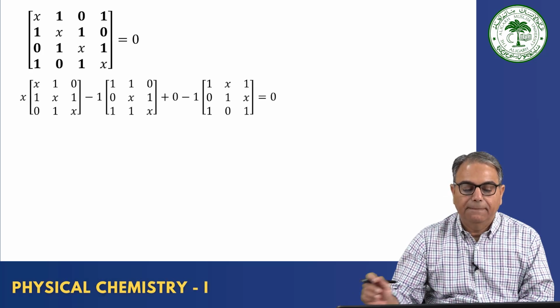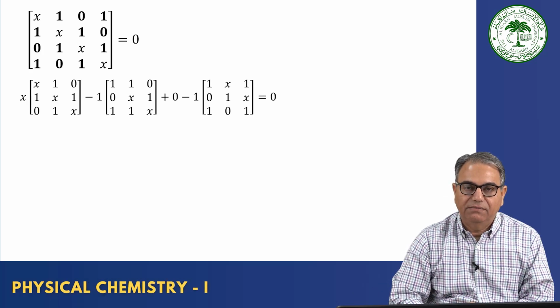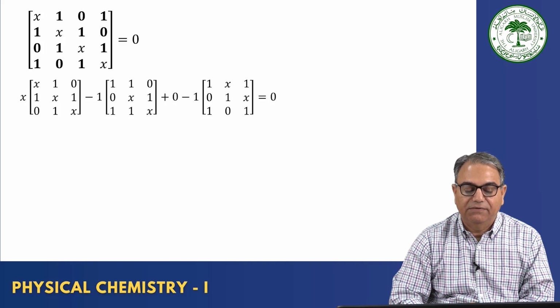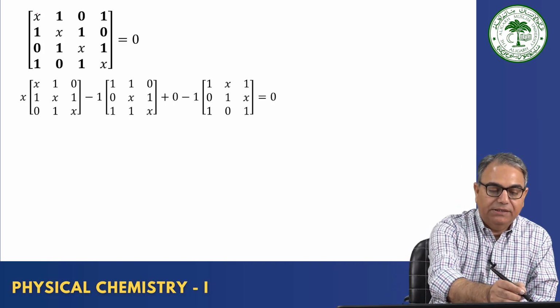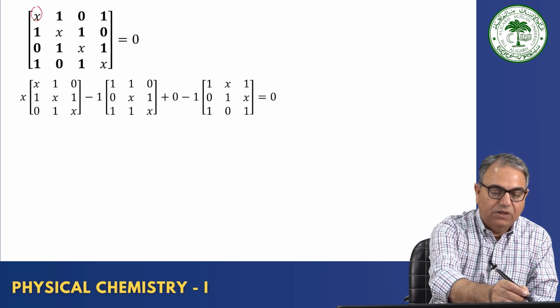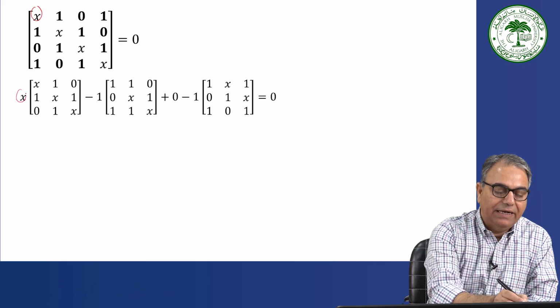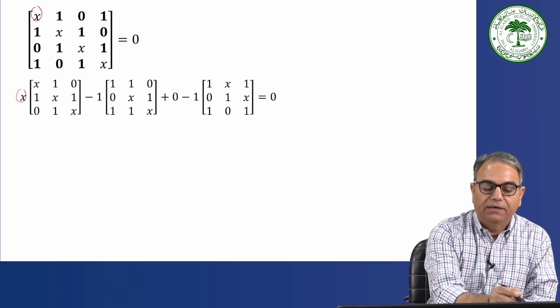again I have done it for all those of you who don't know how to solve the determinant. It's given here. So take this term x out and then write a 3 by 3 determinant.